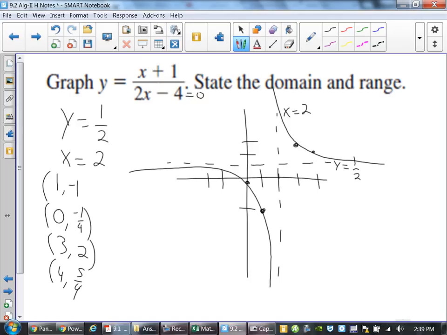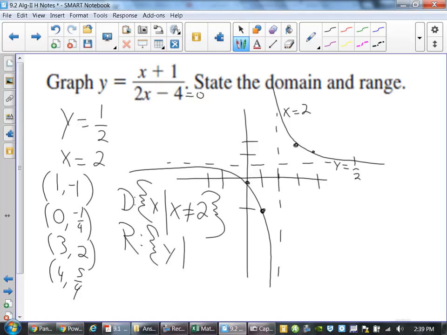Domain: all real numbers where x is not equal to 2. Domain, set of all x such that x does not equal 2. There's the fancy way to write it. Range, set of all y values such that y does not equal 1/2.